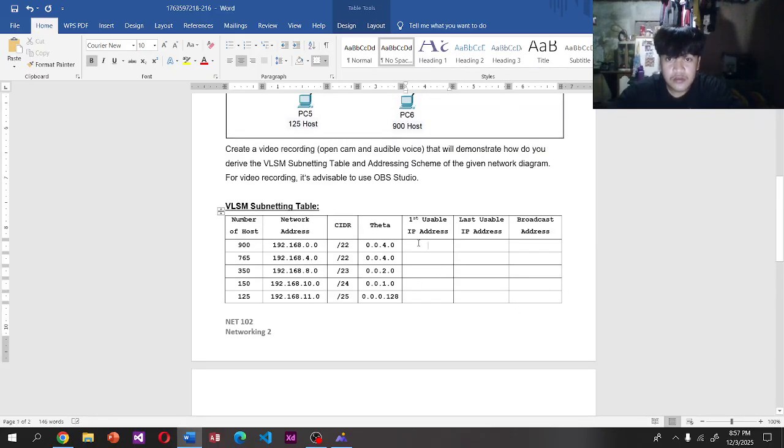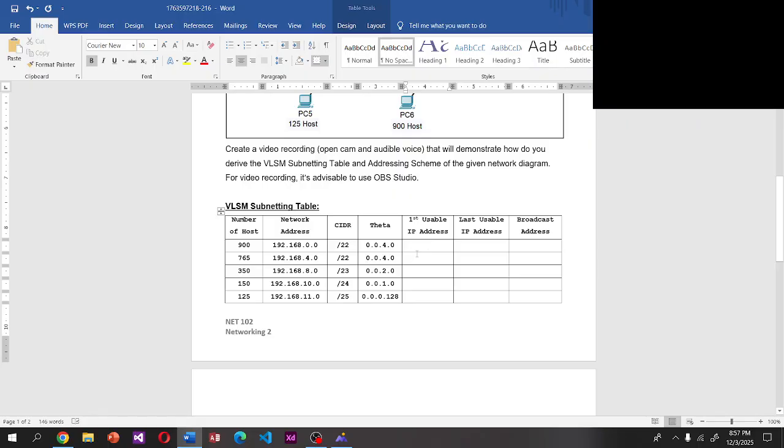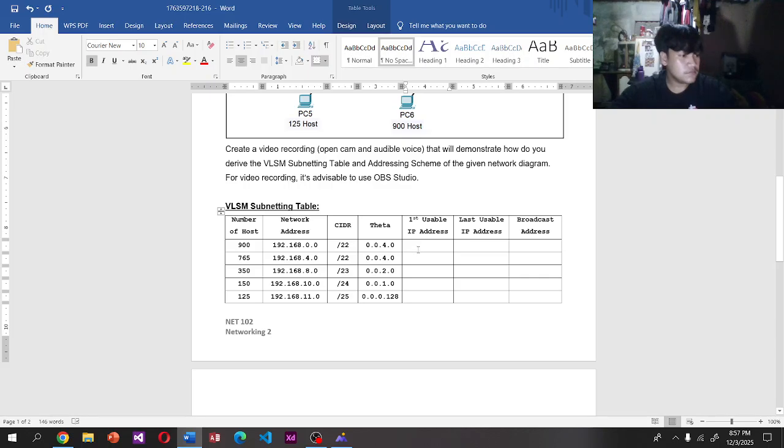Here we find the first usable IP address by adding one to the network address.